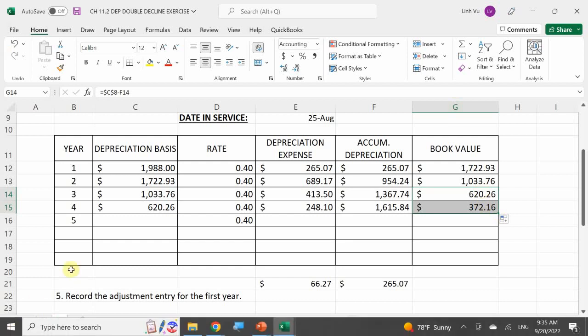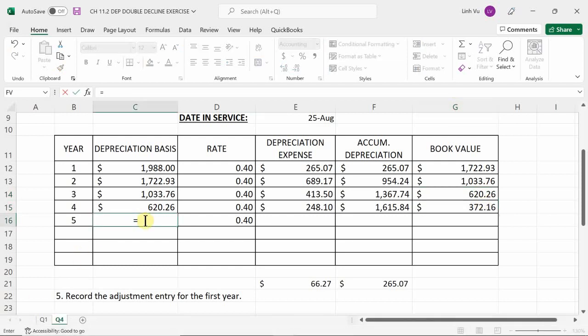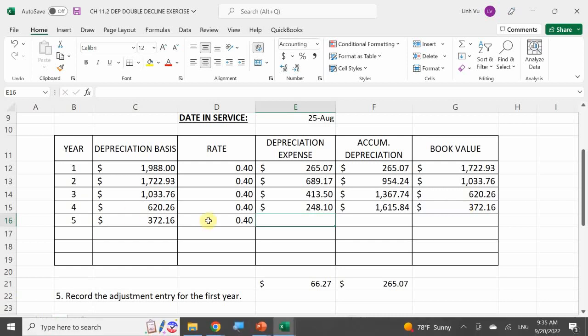$372.16. Okay. So then the last year, 5th year, is $372.16. So my depreciation expense is going to be $148.86.